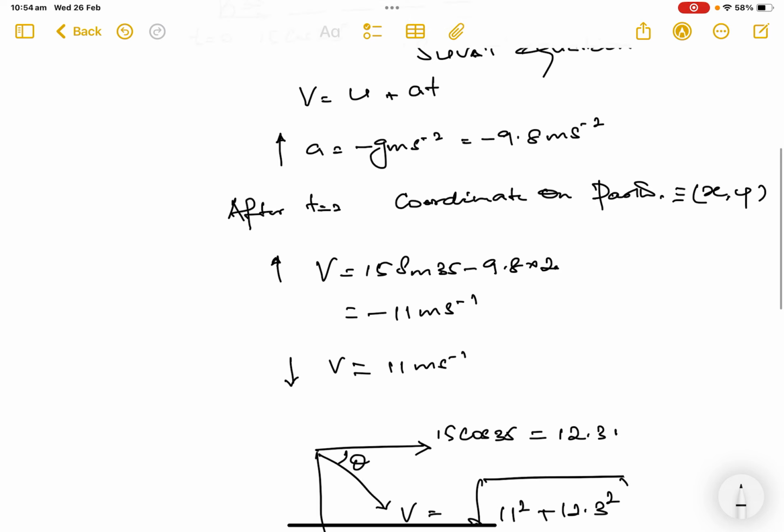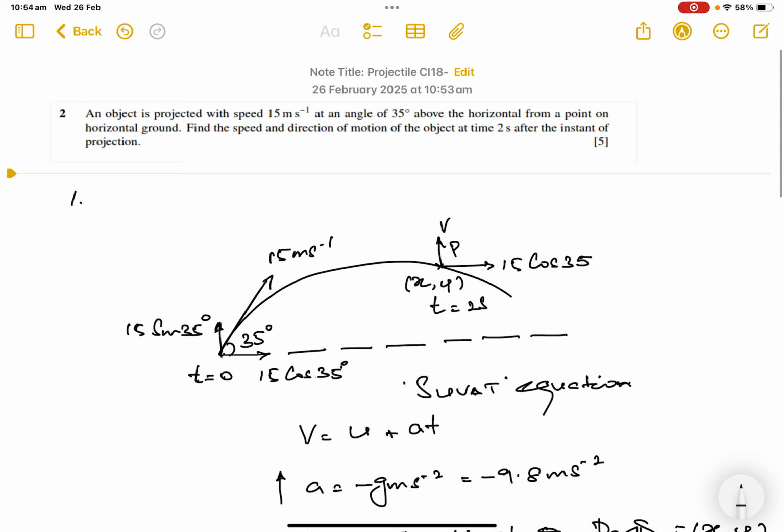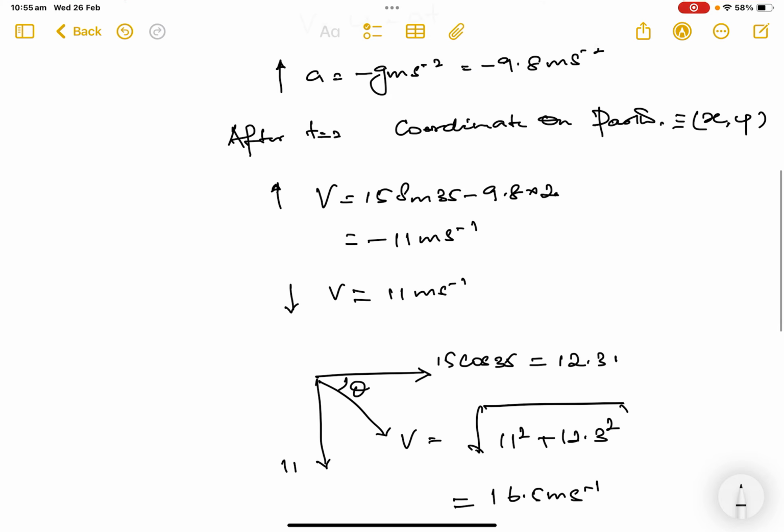After 2 seconds, the projectile has reached the point P on the path, and its vertical speed there we don't know.